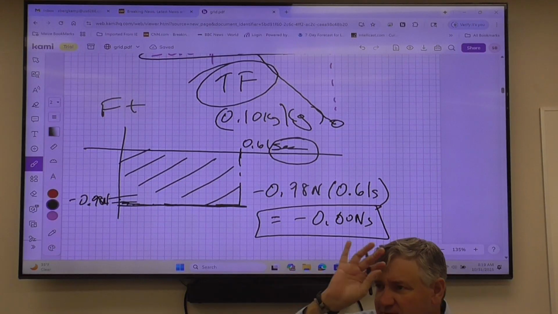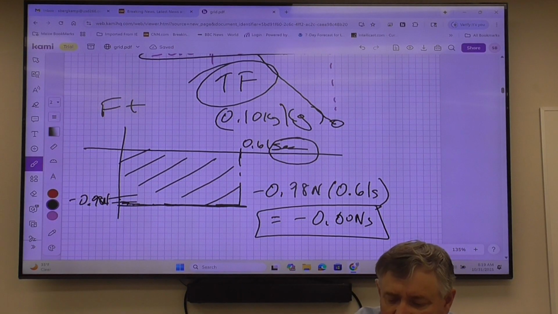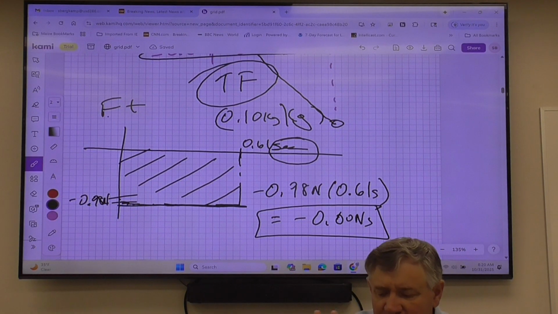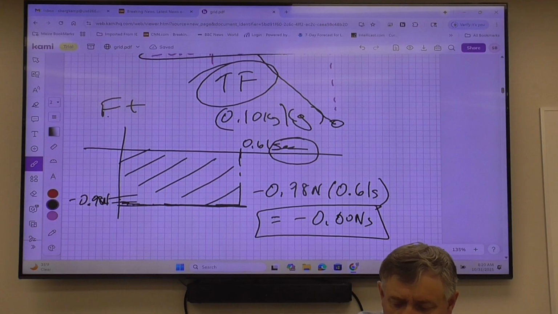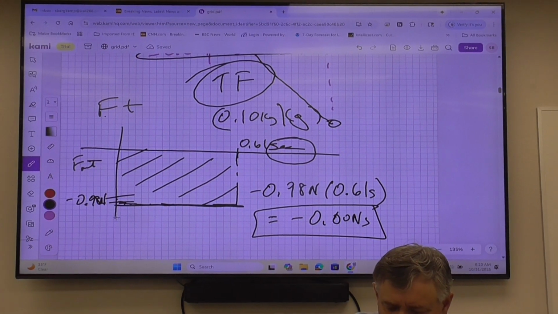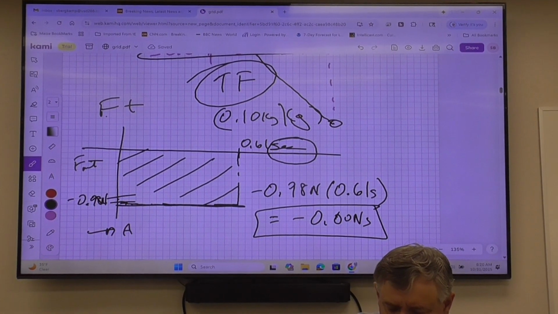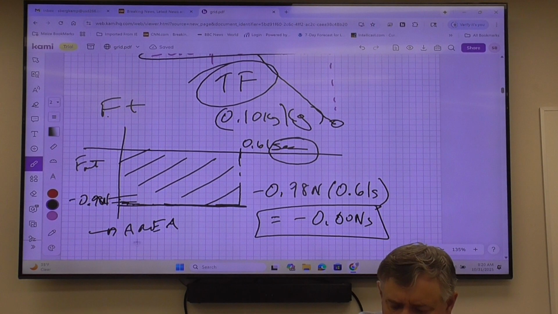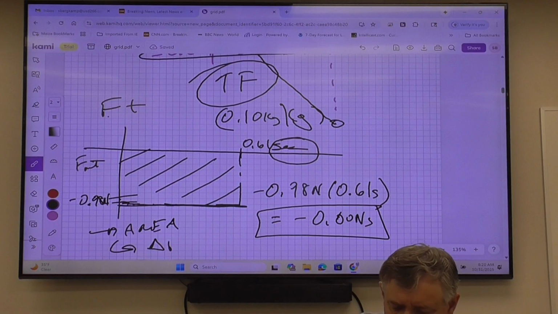So here's the big idea. This is technically net force. It's not force, it's net force. If you have a net force versus time graph, the area is going to represent the change in momentum.